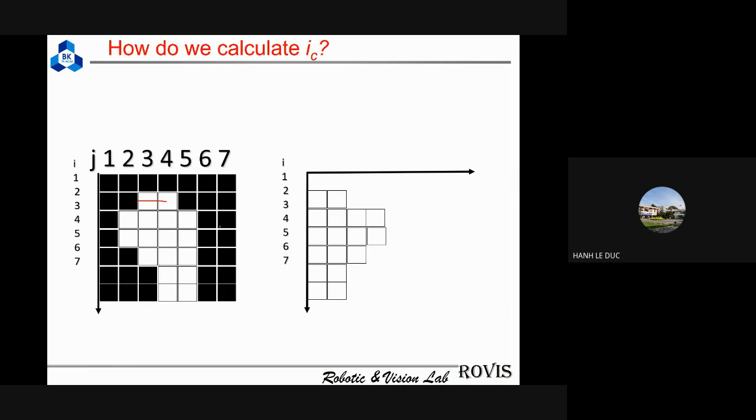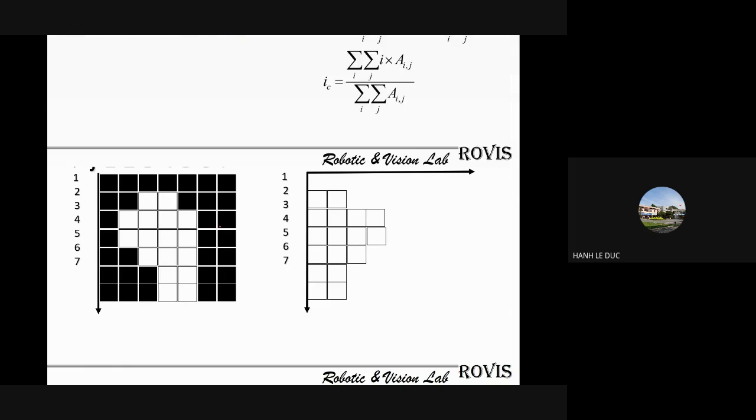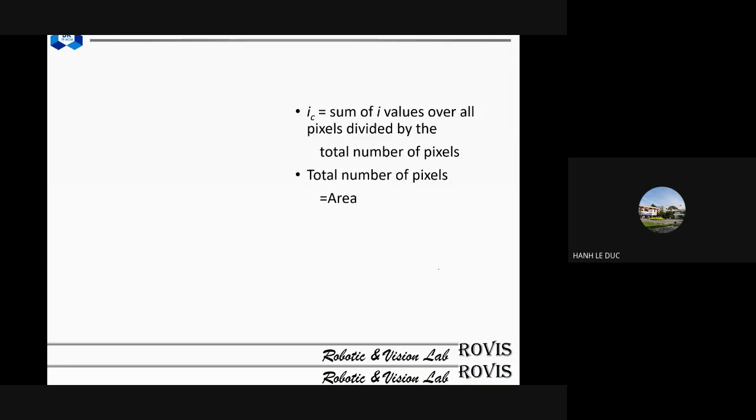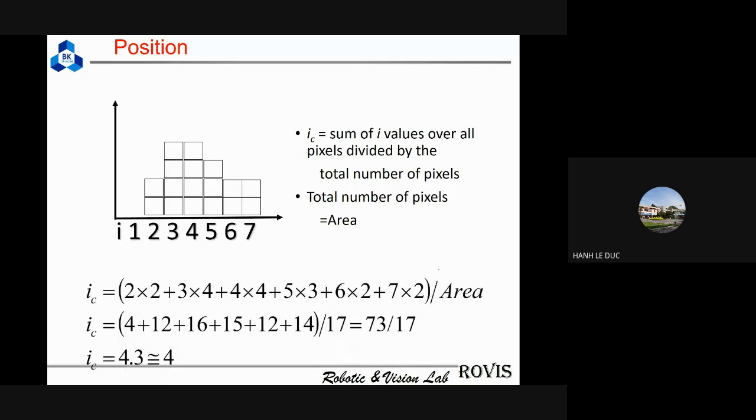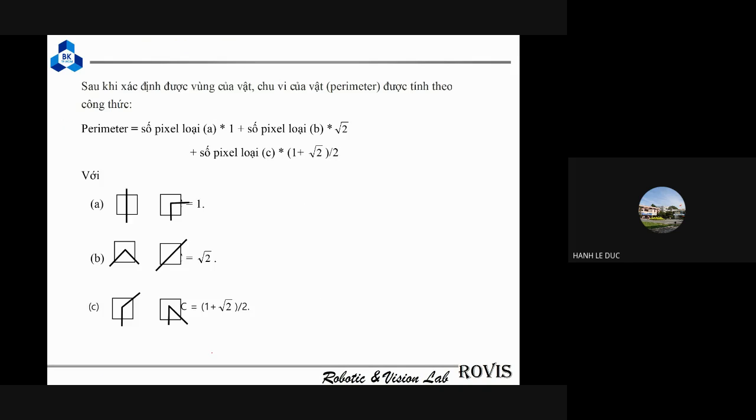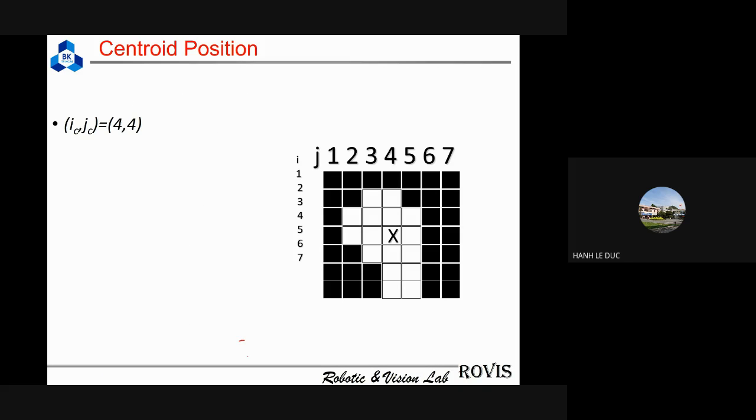Then we do the mathematics again, just multiply: 1 multiply 0, 2 multiply 2, 3 multiply 4. Then you have the IC here, which is also 4.3, so it's 4. So the central X of it is 4.